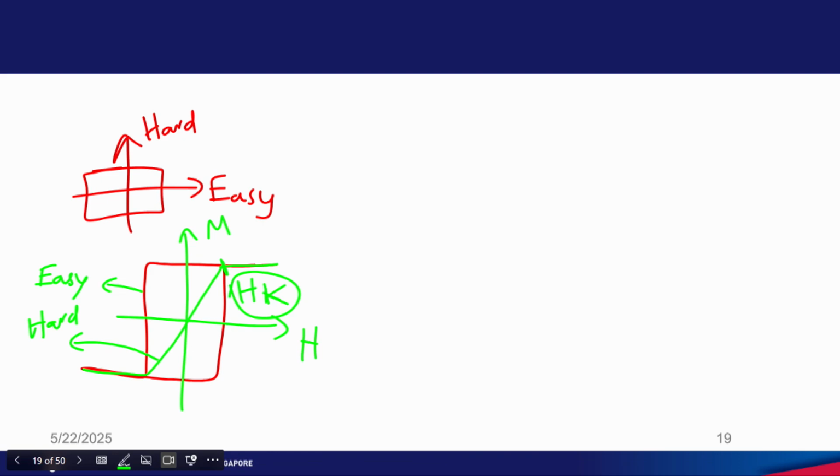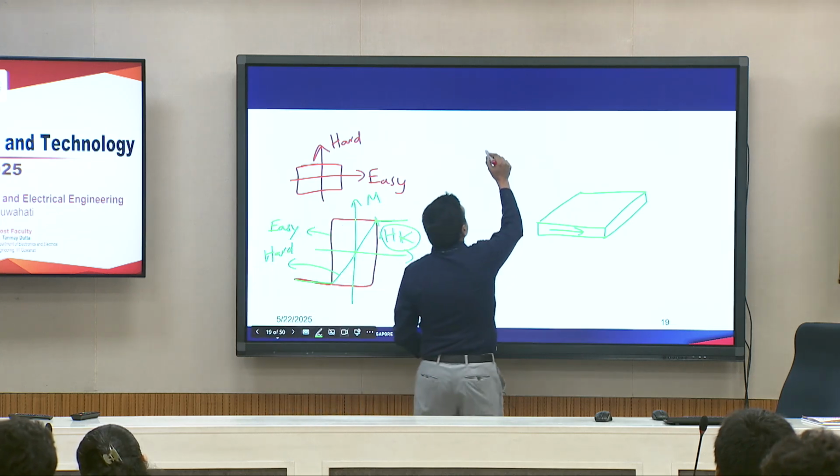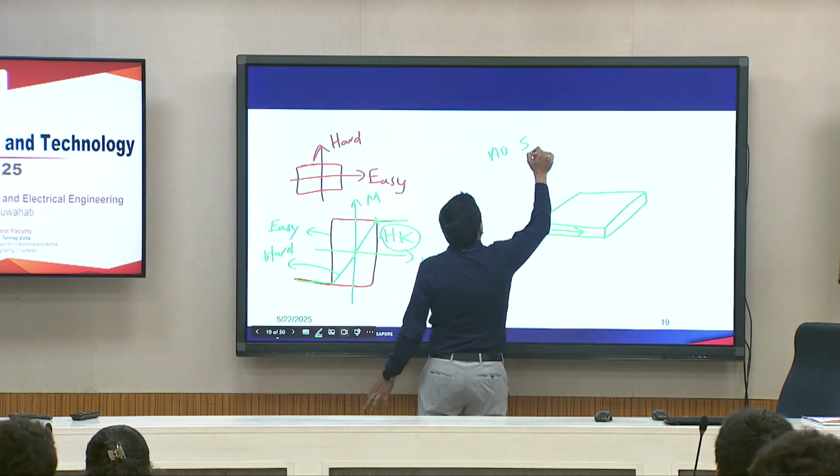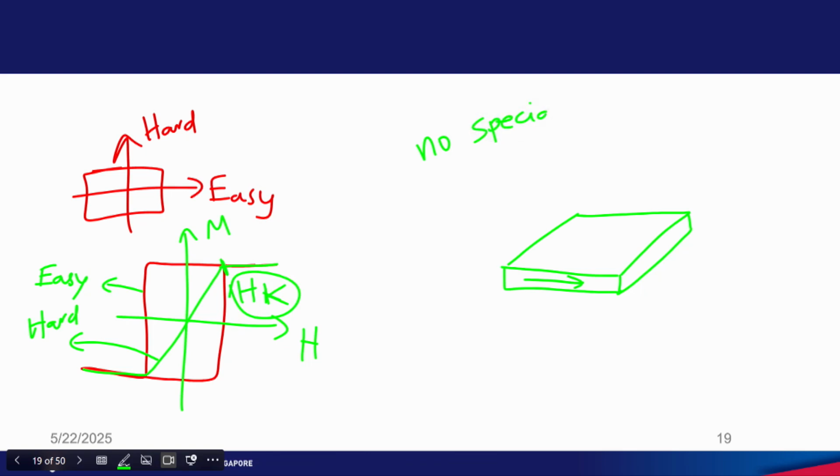but there is something which I did not teach you before. Let us say we have a thin film, there is no other form of anisotropy.